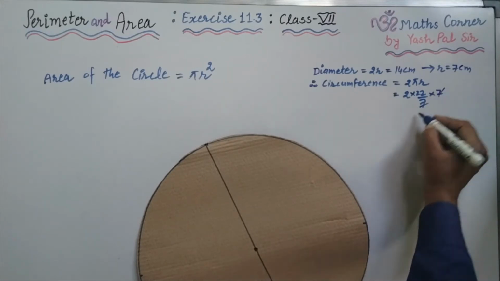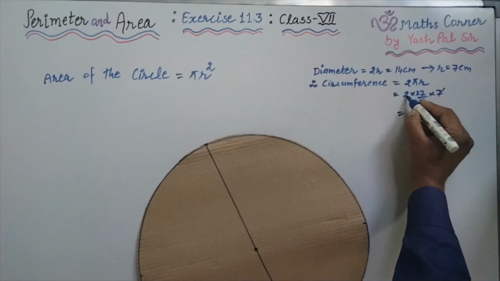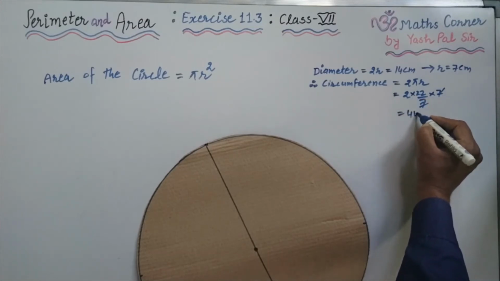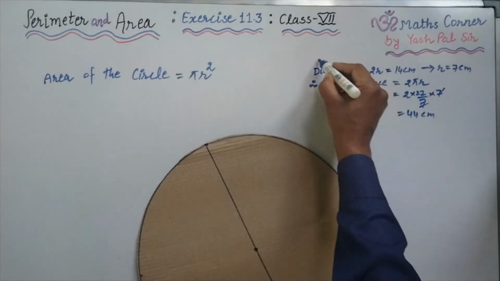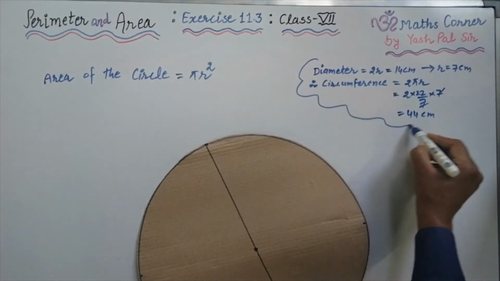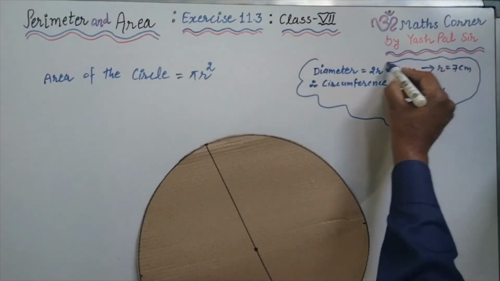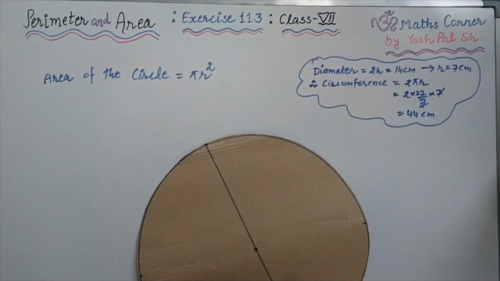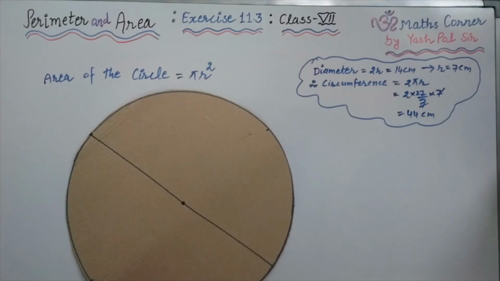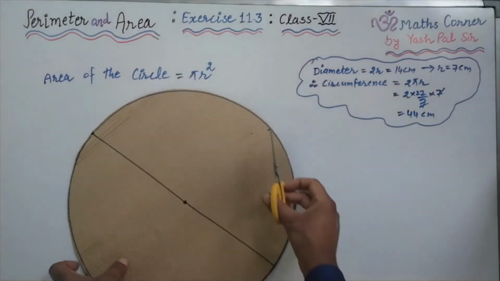So r is 7 centimeter. 7 7 cancelled, so we have 22 into 2, 44 centimeter is the circumference of the circle according to the formula. Now geometrically I am going to derive the result.